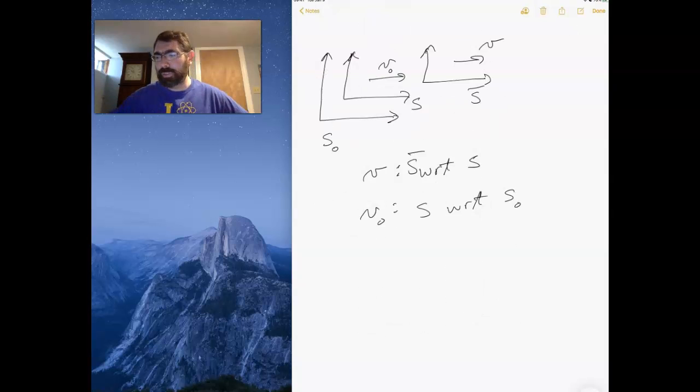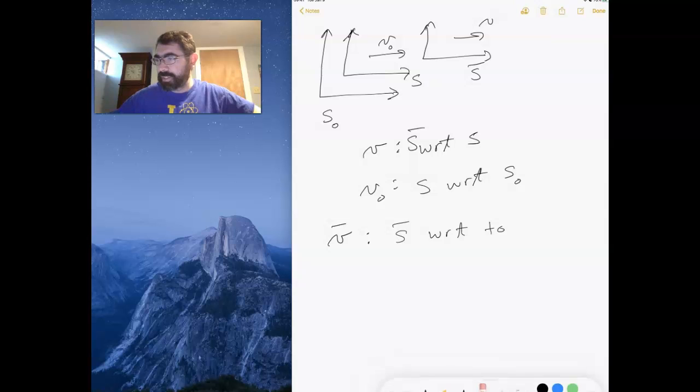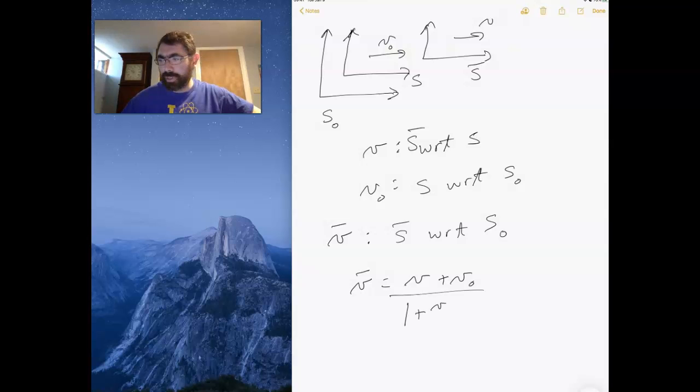That means the relativistic measurement of the velocity, which I would call v bar, with respect to S0 would be v plus v0 over 1 plus v v0 over c squared.